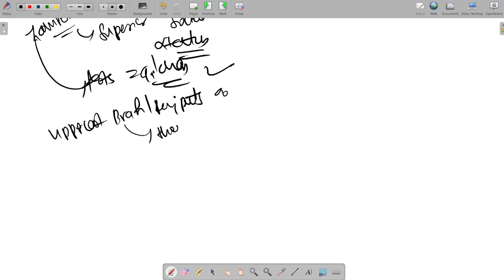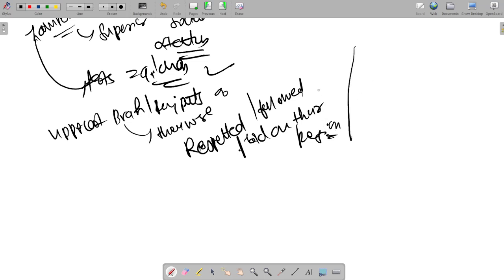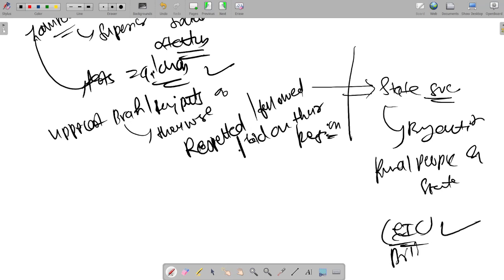That is, they were respected, followed and had a hold on their regions. They later started providing state services by acting as intermediaries between the rural people and the state during the British era, that is East India Company era, and later the British Empire.